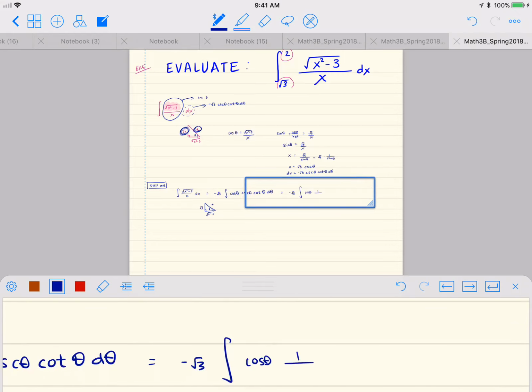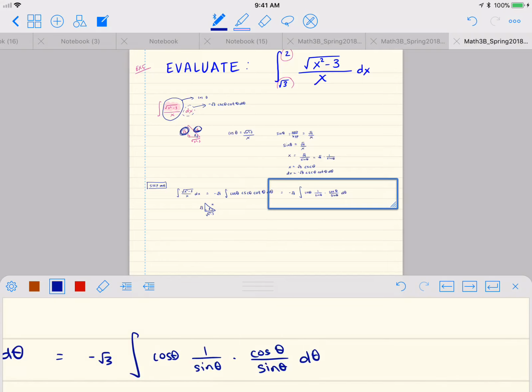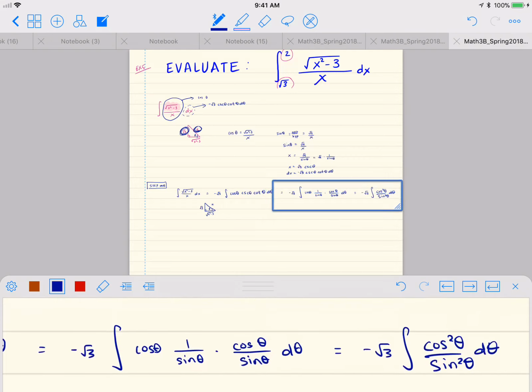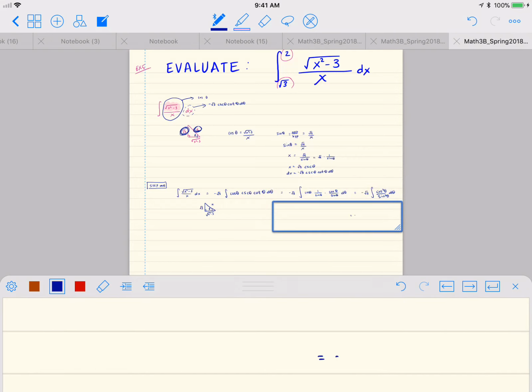Cosecant theta is the same as 1 over sine theta, and cotangent theta is cosine theta over sine theta. So I have negative root 3 integral of cosine squared theta over sine squared theta, d theta, which is negative root 3 times the integral of cotangent squared theta, d theta.